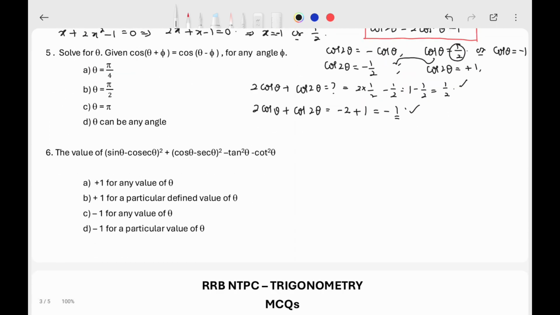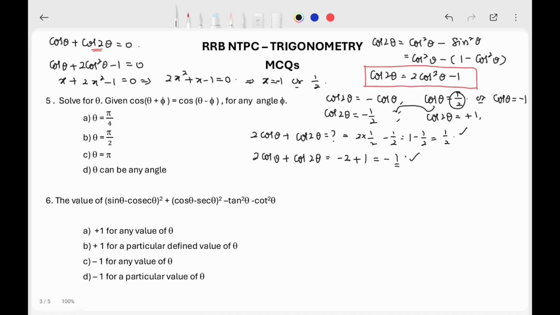Even though you get two answers for the same problem, you cannot just blindly put the answer. You have to see whether that particular answer is given in the alternatives or not. The second value is given in the alternatives. Hence, 2 cos theta plus cos 2 theta is minus 1. D is the answer. There is a trick here.